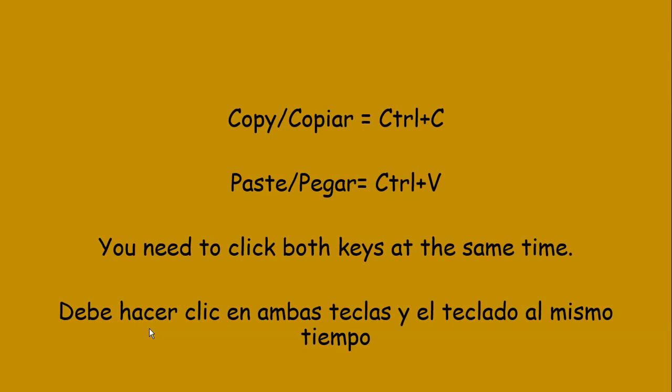So these are the keys that I was mentioning when I showed you the three dots in the right-hand corner in the Google Chrome browser. And if you want to copy, instead of clicking the dots and clicking the word copy or the word paste, you can actually do it from your keyboard using the control key, which is the key that has CTRL, plus the letter C. You have to click both of the keys quickly at the same time.